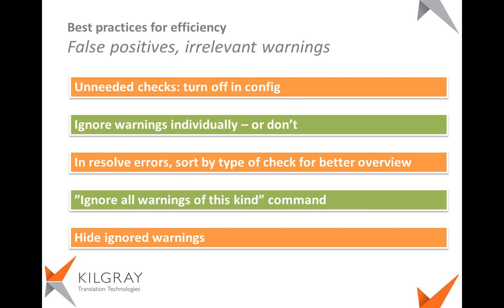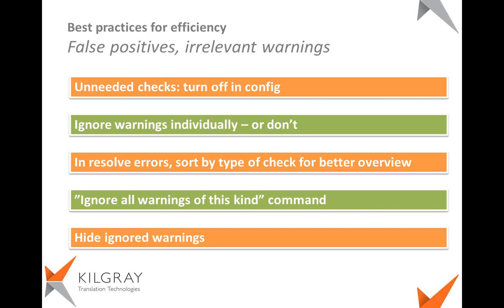For instance, if you get 10 warnings of mismatched numbers, like you asked in the question, 12.5 versus 12.5, you can immediately see which of those are and which are not false positives.